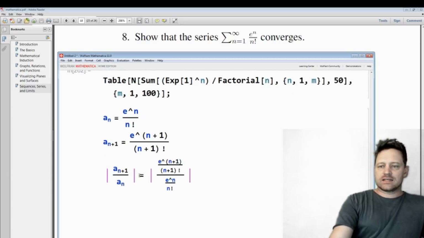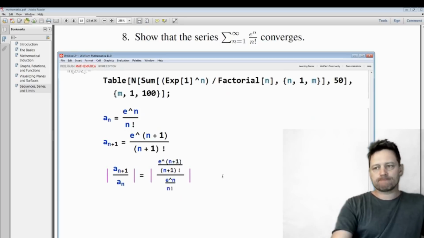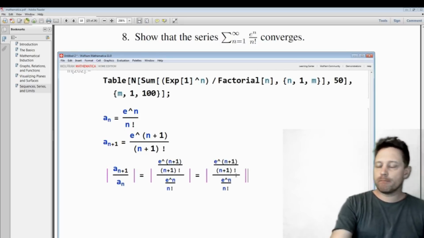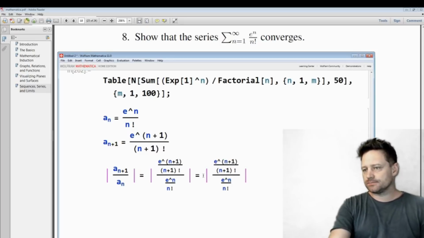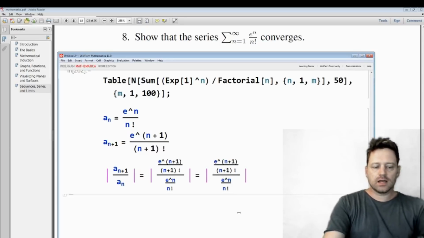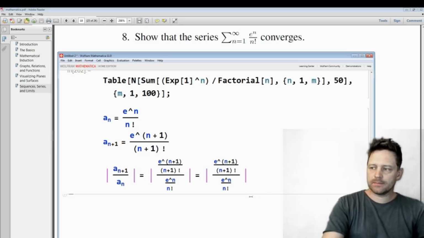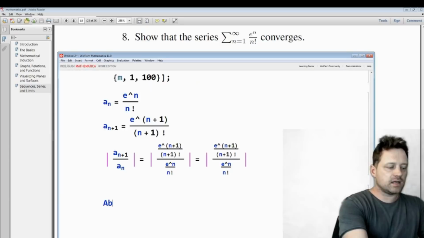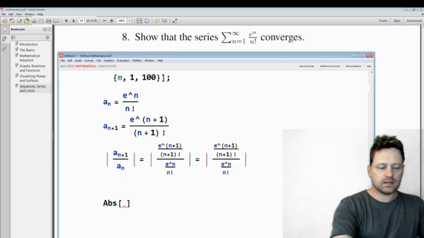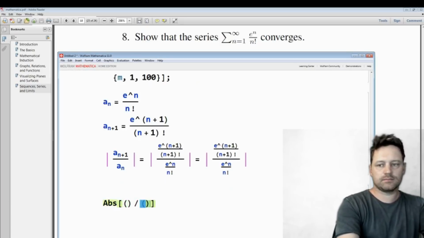Okay, and now let's simplify this. I could do this manually, but let's just go down here and type this in as it would be in Mathematica. I'll write ABS, and then we have a fraction.